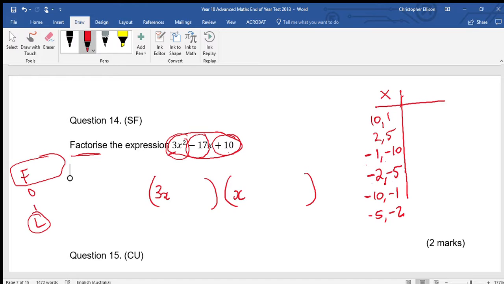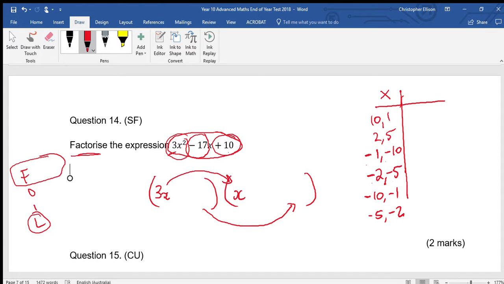Because it's non-monic, the order that these go in becomes important, because remember we've already worked out that our first is going to give us the 3x squared. When we do our last two values, any combination of these will give us positive 10.